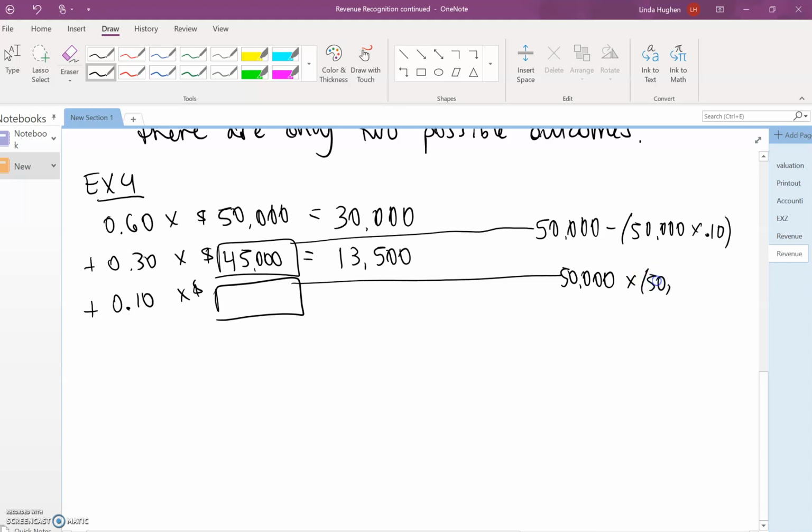So we could say 50,000 times 80%, or 50,000 less 20% for the 2 weeks overdue. So 50,000 minus 10,000, a 10% chance that we're going to get a bonus of 40,000. Now we sum all this up.